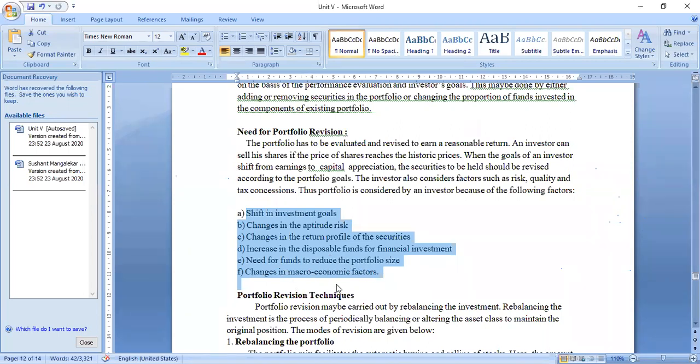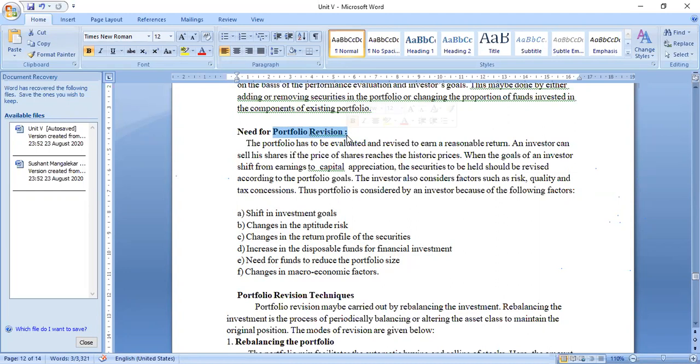Then changes in macroeconomic factors. In the present situation in which we are all living, this change in macroeconomic factors has hit economic progress, and definitely investors would also think of portfolio revision in the present pandemic situation, because they are not ready to take a higher risk.